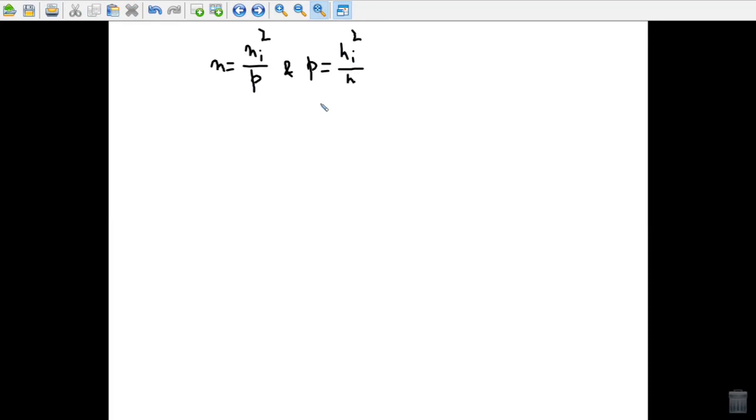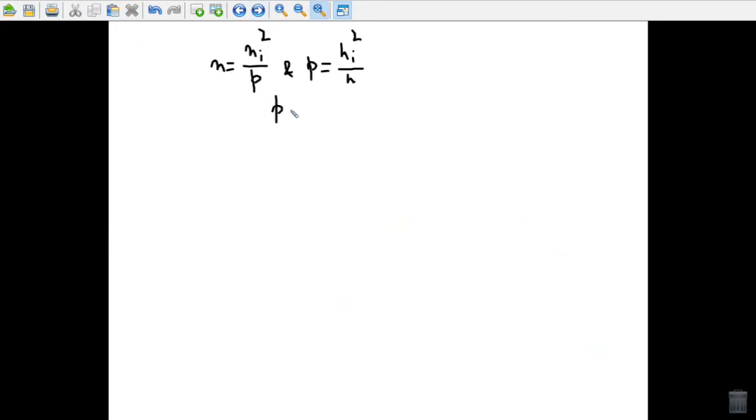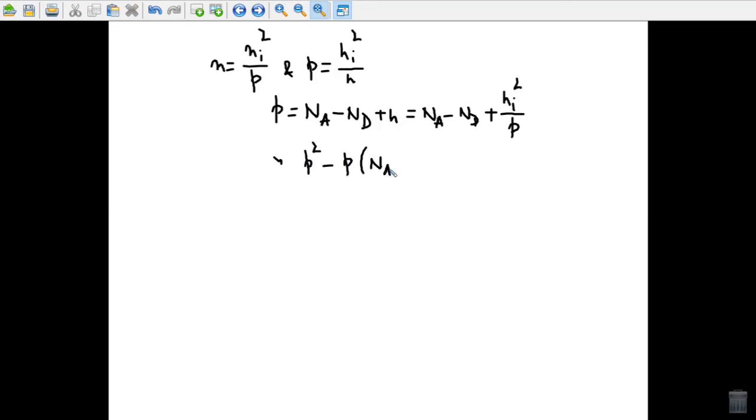And so my earlier equation, P plus Nd is equal to N plus Na, becomes P is equal to Na minus Nd plus small n, which is Na minus Nd plus Ni square divided by P. Or we get a quadratic equation in P: P square minus P times (Na minus Nd) minus Ni square is equal to 0.